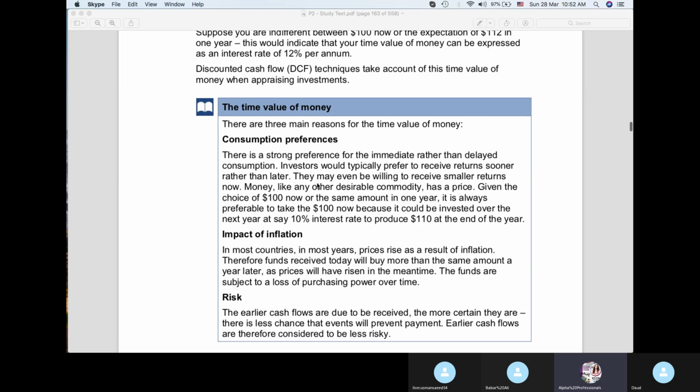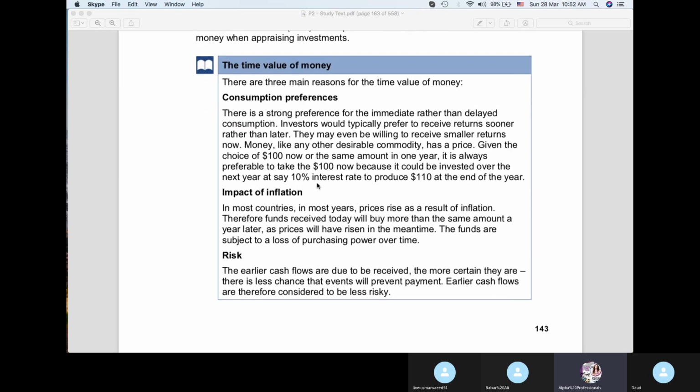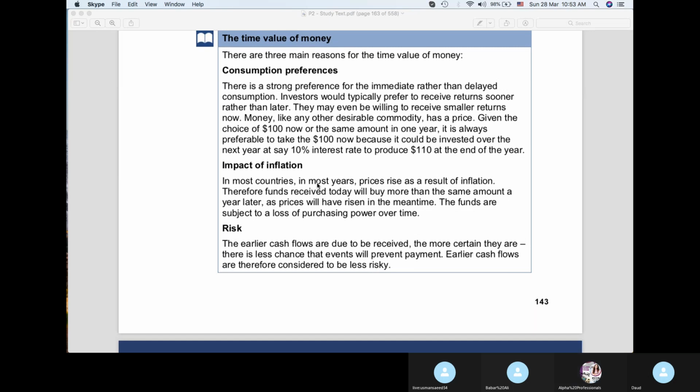So because of consumption preference, people have the tendency to spend today compared to spending it tomorrow. So in order to compensate for these preferences, we have to discount that cash flow.